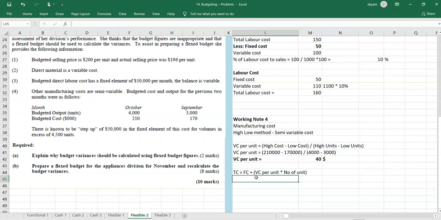In October the total cost is 2,10,000, which is equal to fixed cost, which we don't know, plus the variable cost per unit, which is 40, and the number of units is 4000.